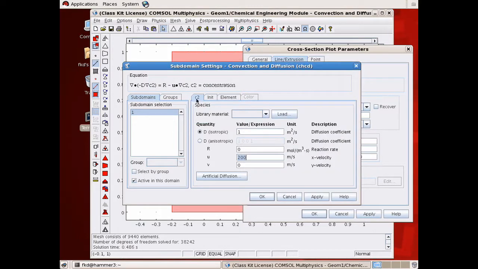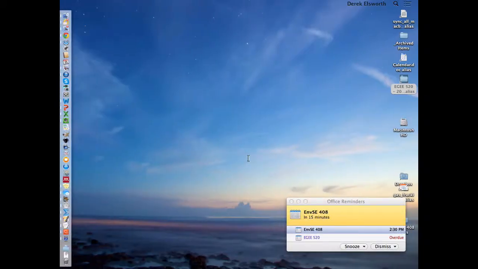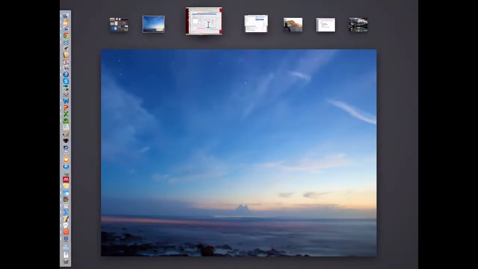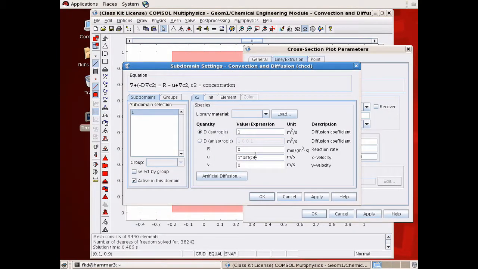What's this underneath here? So it would be something like, it's not going to work, it's going to be some constant, 1 times... I didn't touch anything. Yeah, something like that.